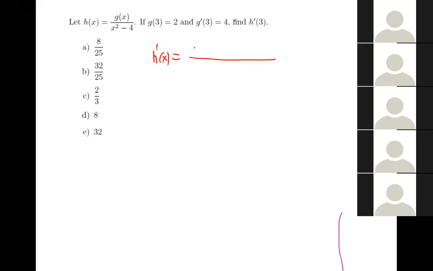Quotient rule: the derivative of the top times the denominator, minus the top times the derivative of the denominator. Who can tell me? Oh, thank you, just testing. 2x, really good. And then the denominator squared.